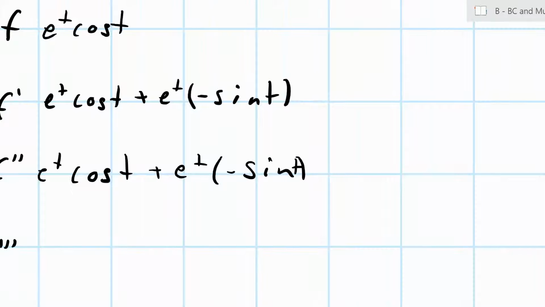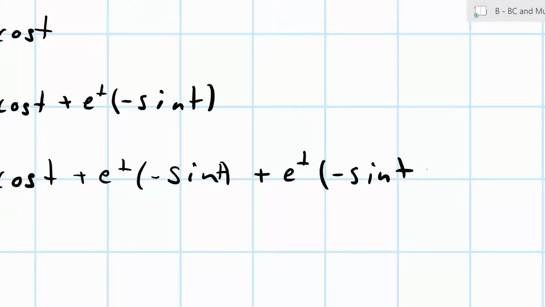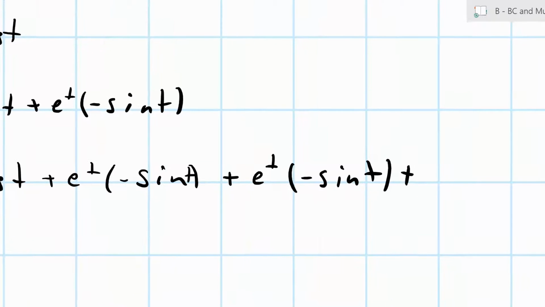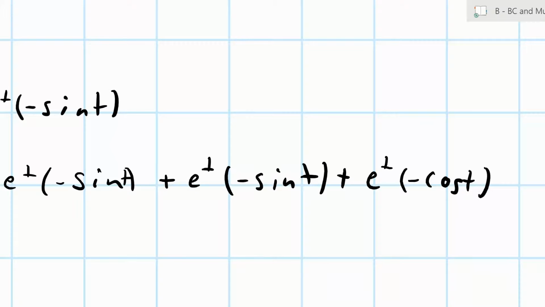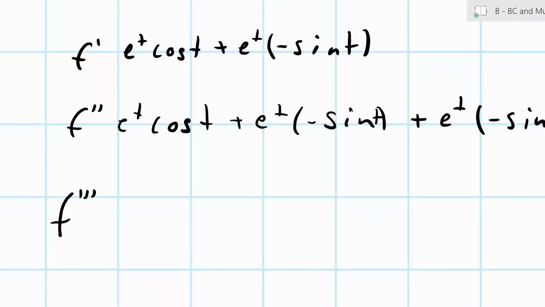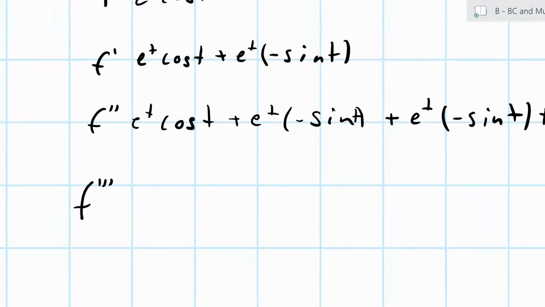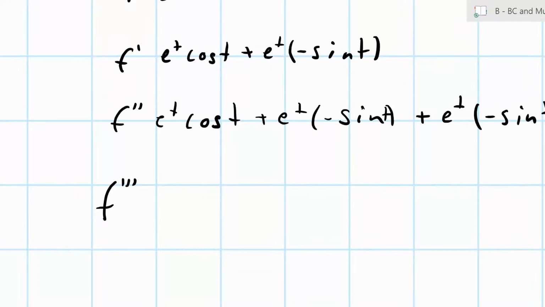So then it becomes plus e to the t negative sine of t plus e to the t negative cosine of t. And then the final derivative is going to be long, so I will pause it and get back.